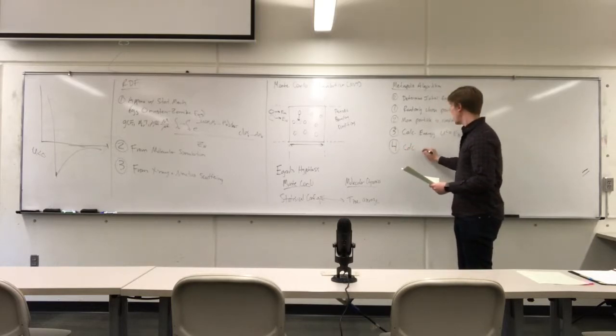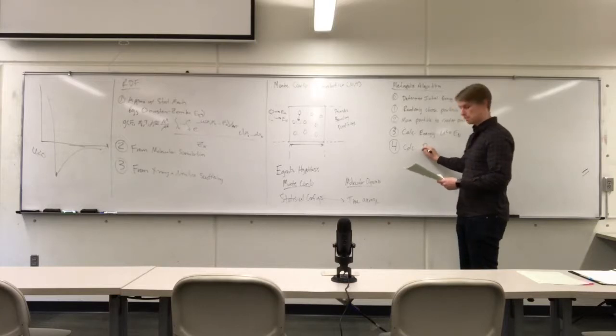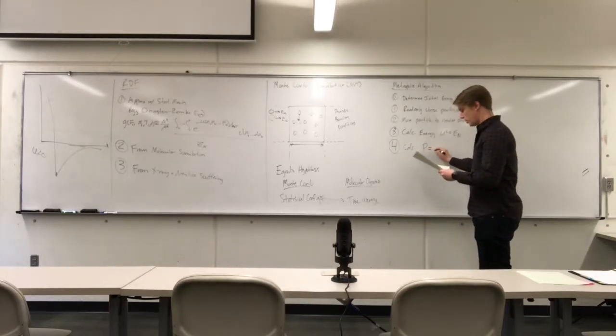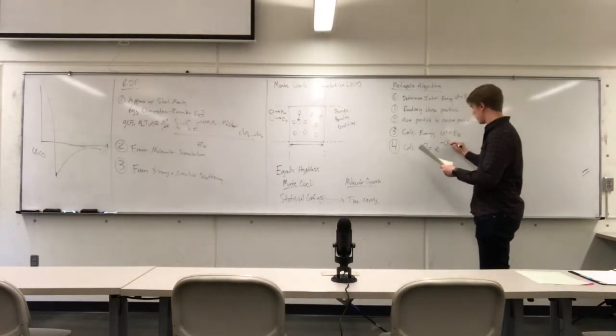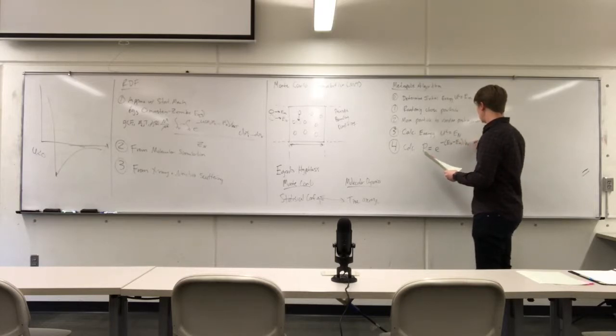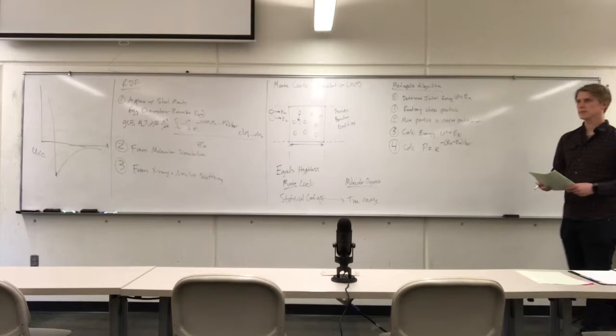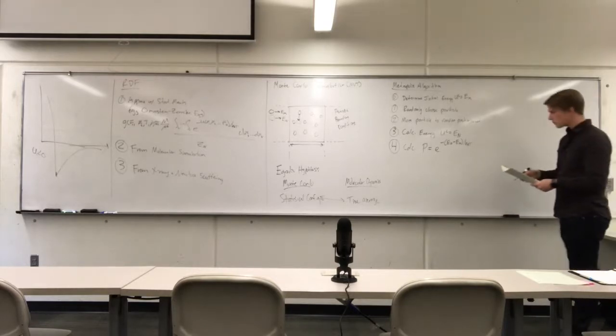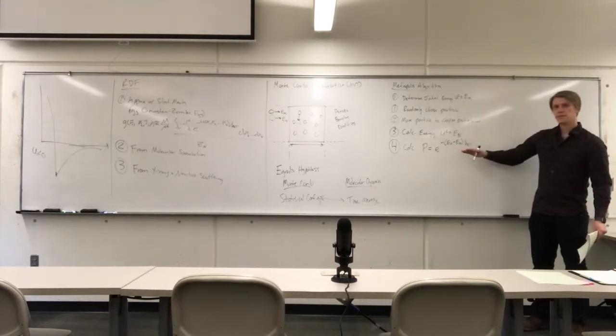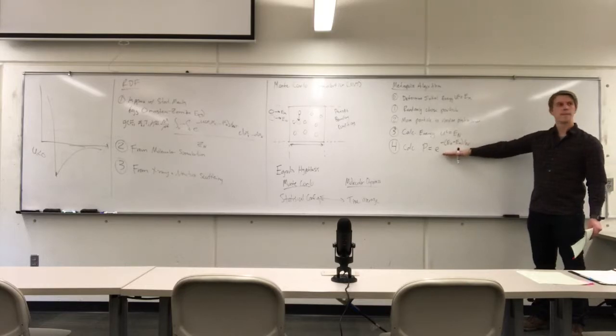We're going to calculate a probability P, which is equal to the change in the energy scaled by a Boltzmann factor. Let's take a look at this for a moment.